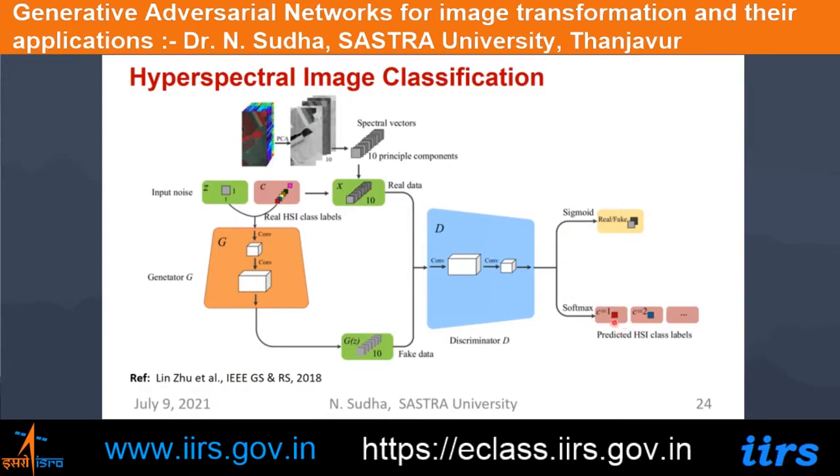For each class, you will have a neural output unit, so it will give the probability that a particular input belongs to a particular class. Whichever gives the highest probability will be the class to which the input belongs. So this is one kind of application, the hyperspectral image classification.